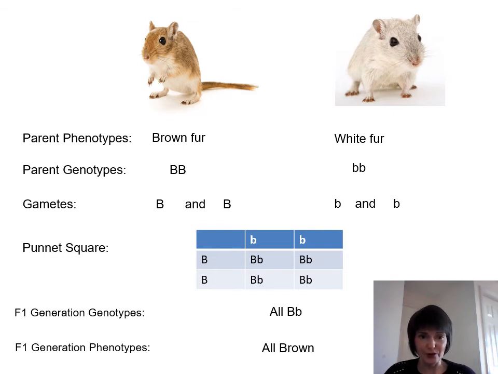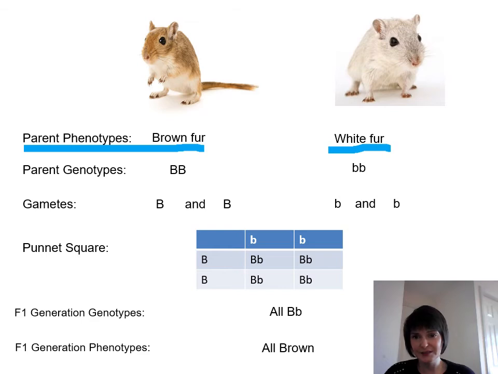So we've got Frank, brown fur, so that's the phenotype. Sandra, phenotype, white fur. Parents' genotypes, okay. We have got Big B for Frank, and Sandra, who is wee b.